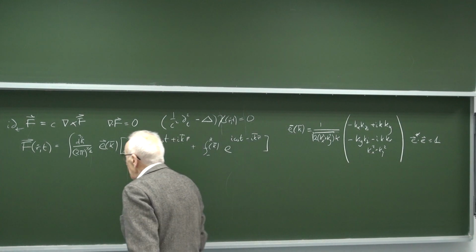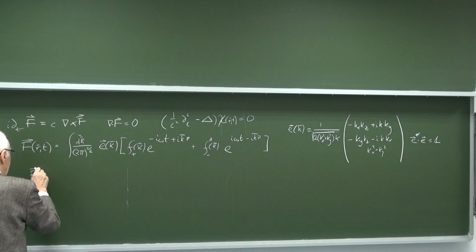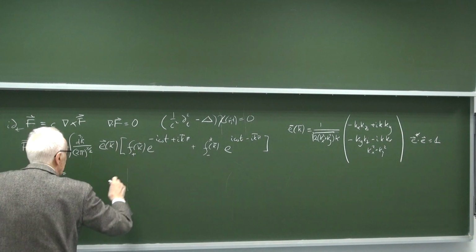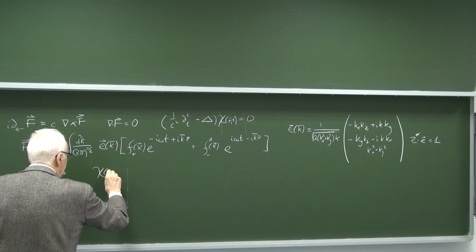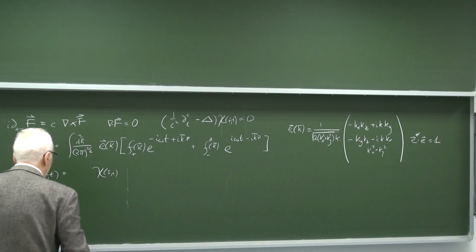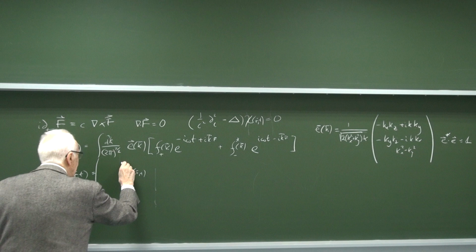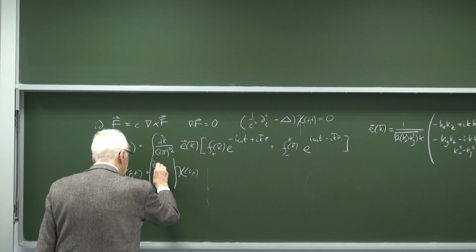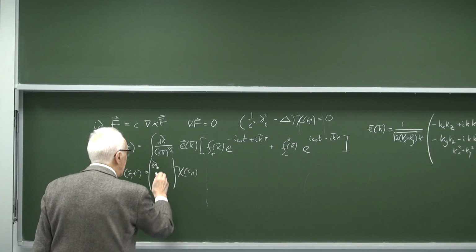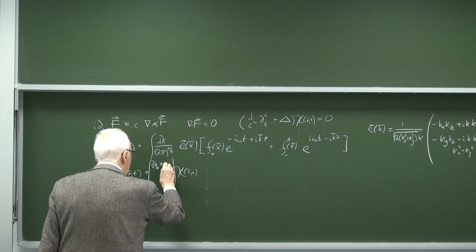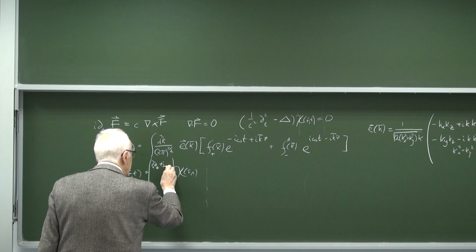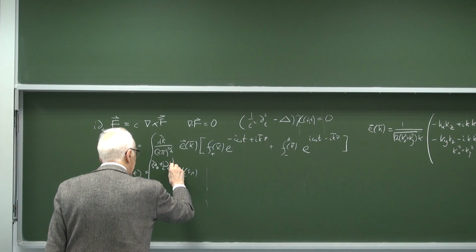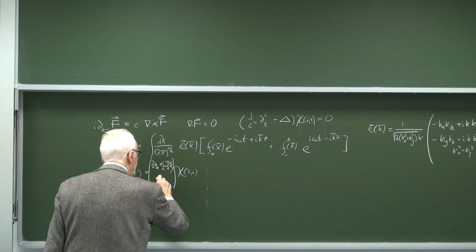So denoting everything else that remains by chi, a solution of the wave equation, here we have the following three-dimensional column. d/dx d/dz plus i divided by c, the derivative with respect to time, and the derivative with respect to y.